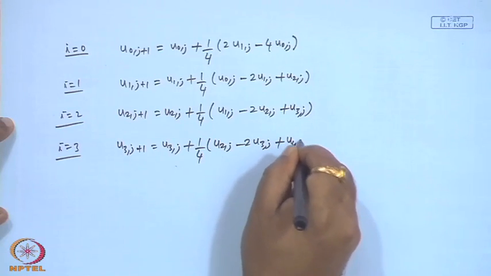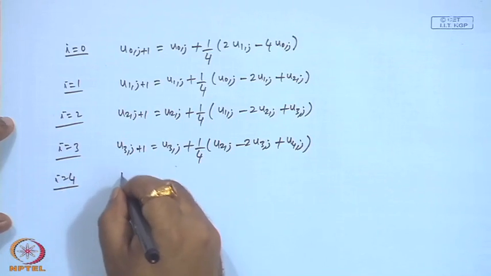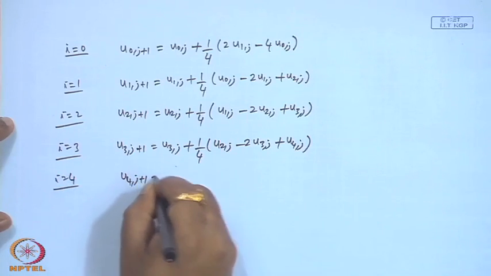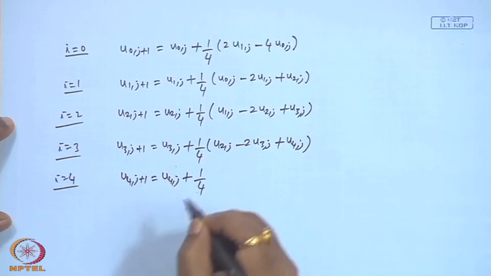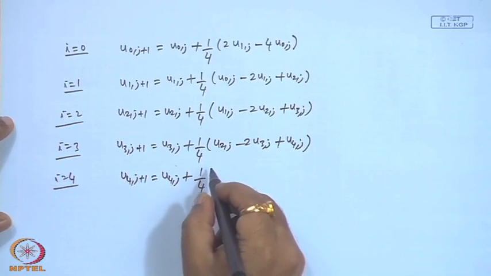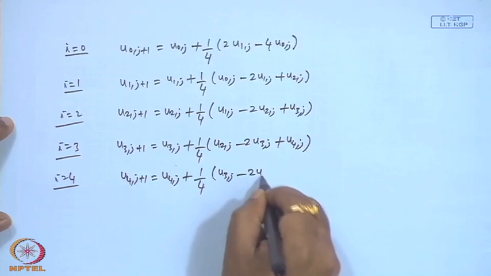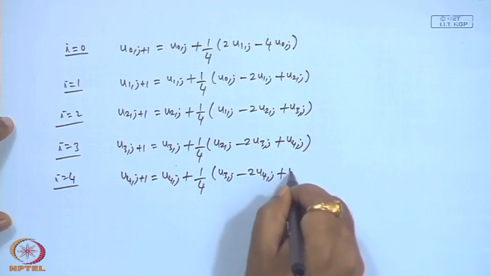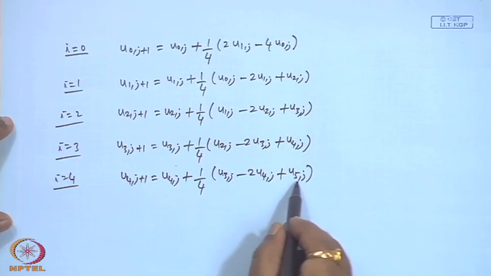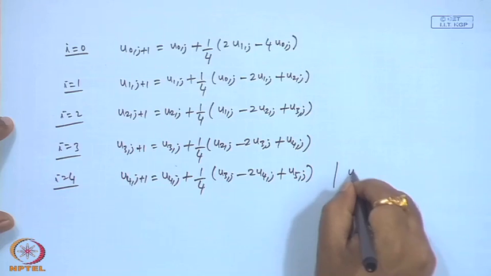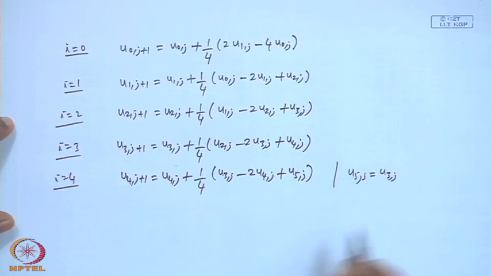So this is routine. Now comes the other end point. So, here when we write down, we have the other fictitious point which is this. However, we have u 5 j equals to u 3 j.